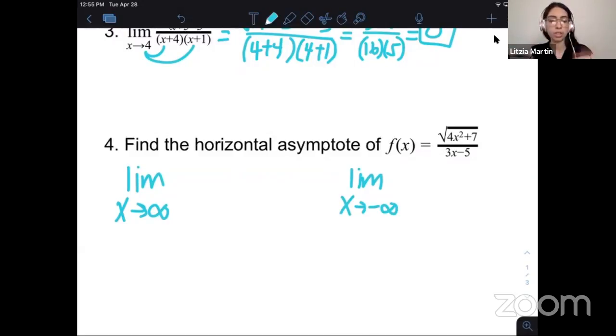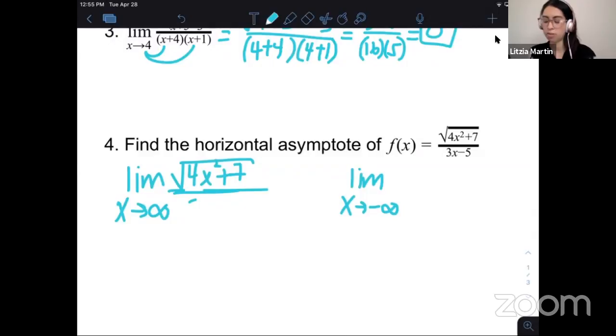So in both directions is what we want to check.